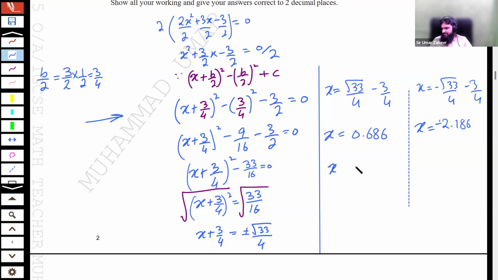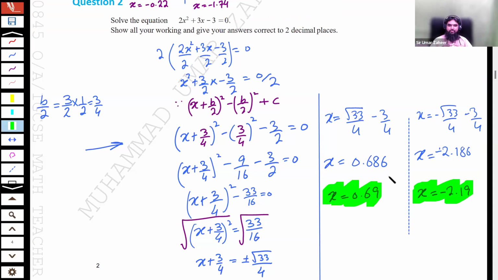Up to two decimal places, it will be 0.69, and this value will become minus 2.19. So these are going to be my final answers. This is how I solve a quadratic equation by the completing square method. In the whole question, this is your main step. That's it.